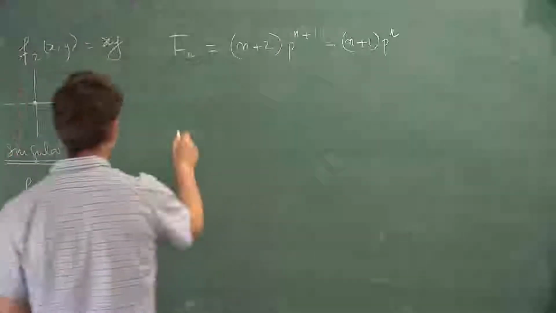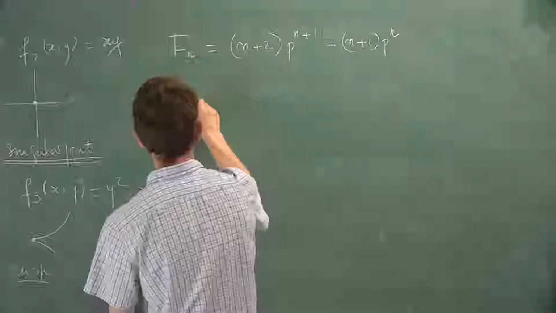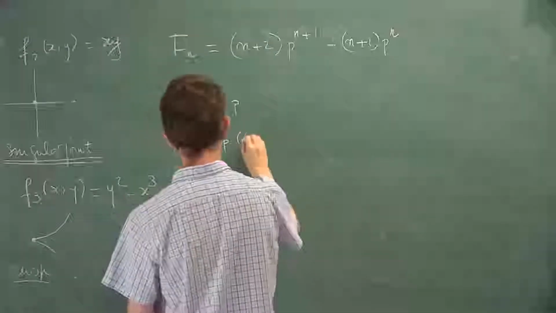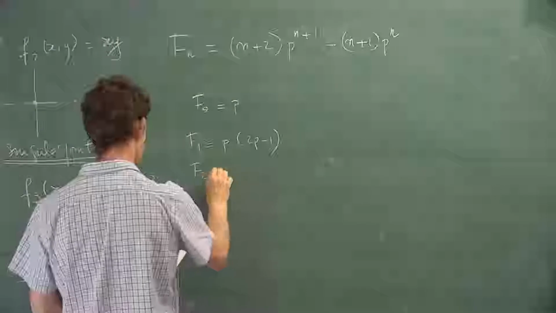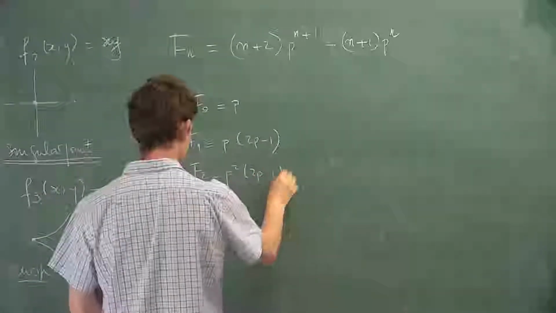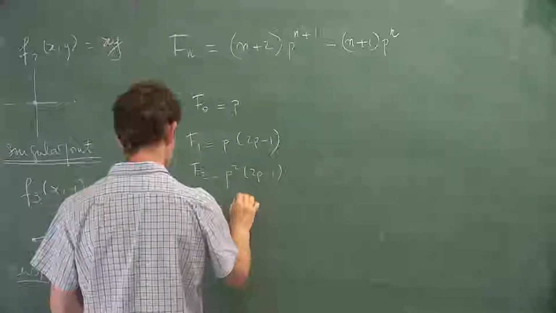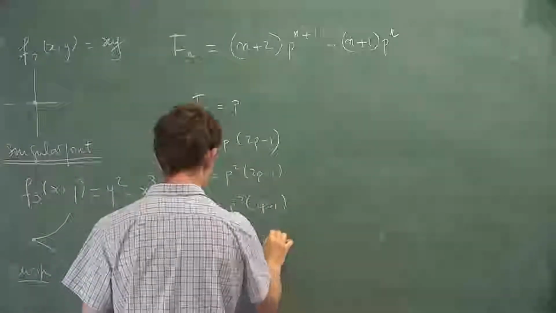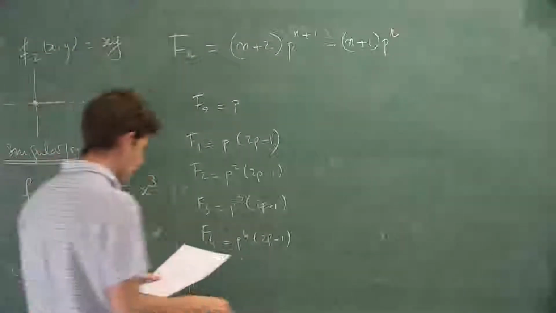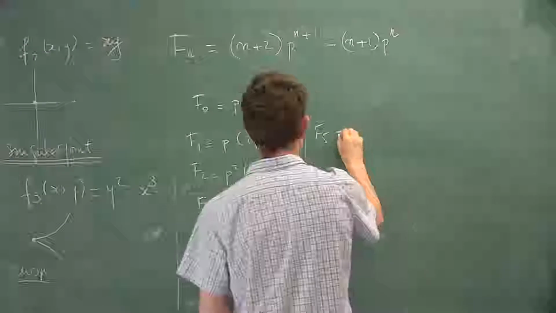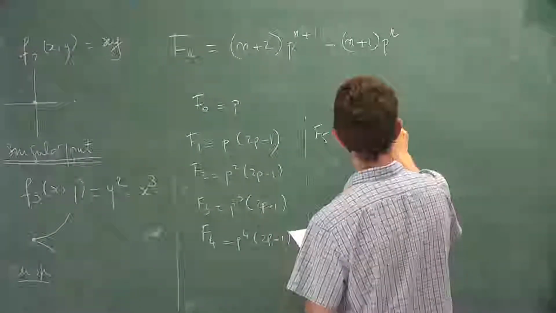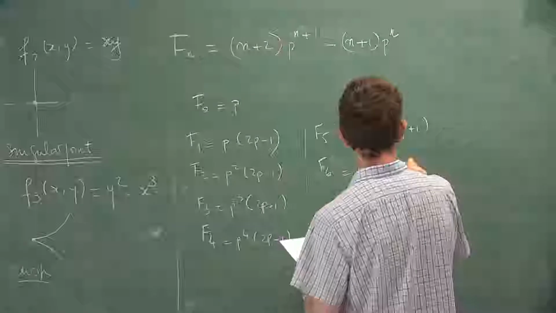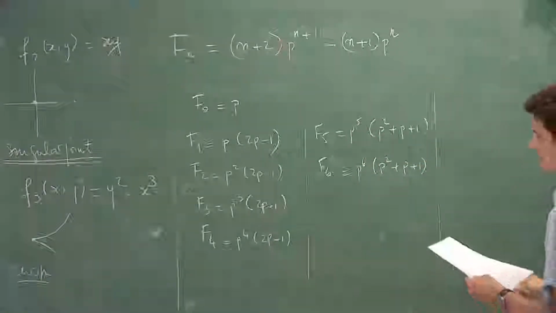And then if you do the computation, you observe that F0 is p, F1 is p^2, F2 is p^2(2p minus 1), F3 is p^3(2p minus 1), F4 is p^4(2p minus 1), and then F5 is different, of the form p^5(p^2 plus p plus 1), F6 is p^6(p^2 plus p plus 1), and then F7 is different.